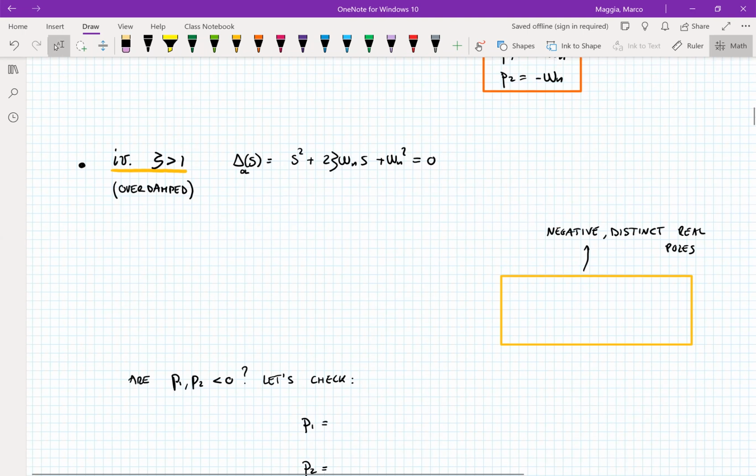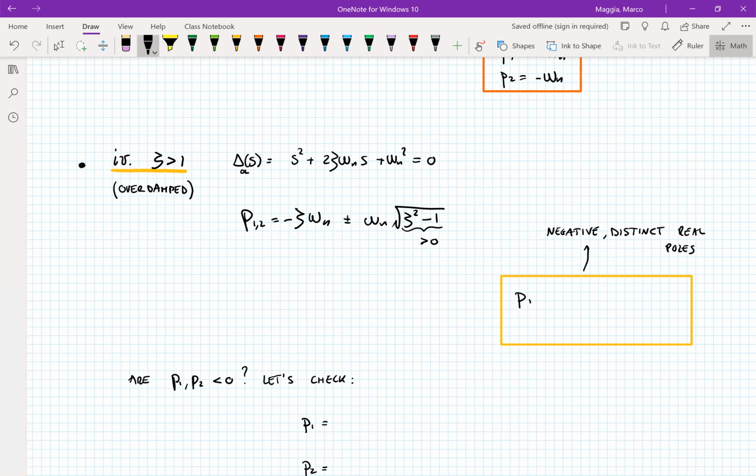So the two roots are real, and they're going to be equal to minus zeta omega n plus or minus omega n square root of zeta squared minus 1. You see that zeta squared minus 1 now is positive because zeta is greater than 1. So in this case, both P1 and P2 are real numbers. So we have real and distinct poles.